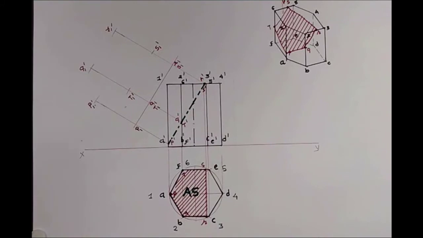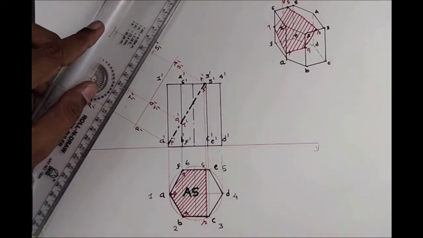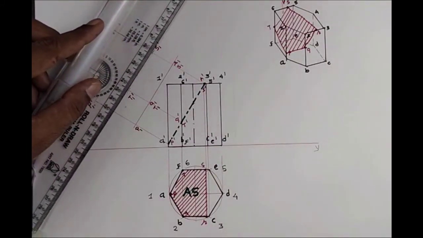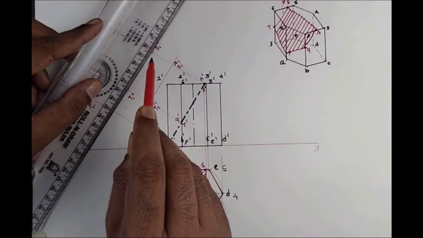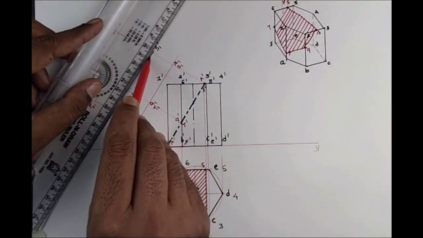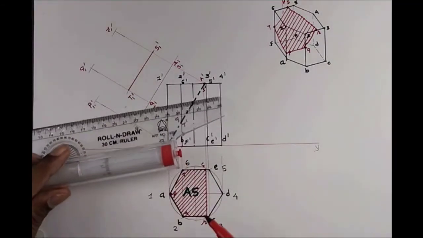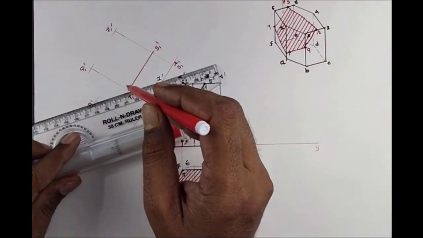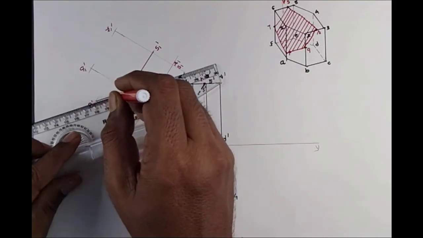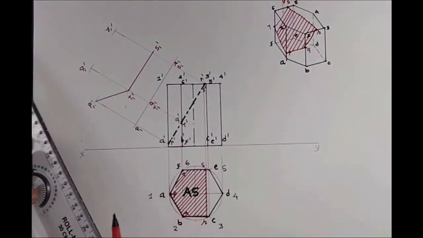Now I join all the points with a straight line because our solid is a hexagonal prism, and a prism can always be joined with straight lines.